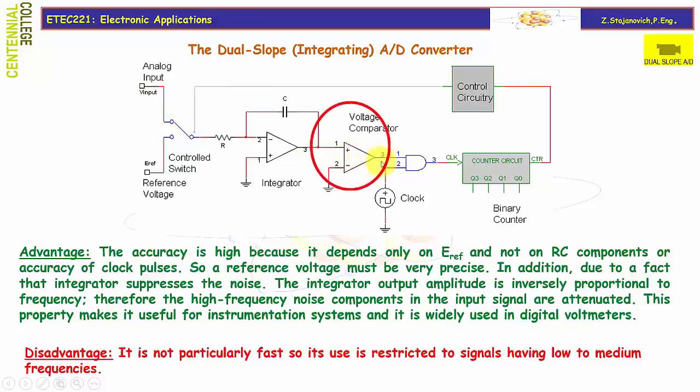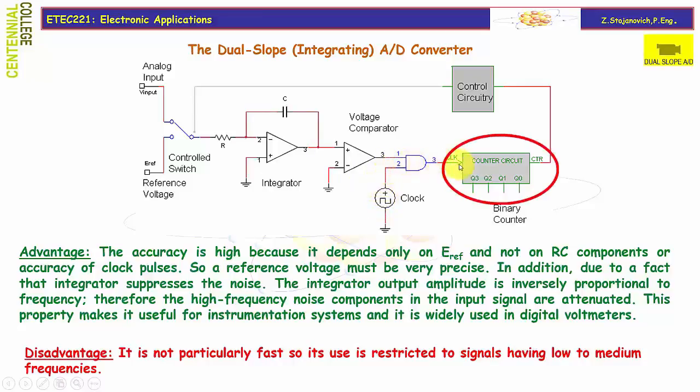The second comparator keeps the gate open or closed depending on the phase of the integration. The control circuitry will allow integration of the analog input for some time t1, and then it will hit the switch to the EREF position. When it's in the EREF position, the clocks are allowed through the gate as long as the ramping down voltage at the output of the integrator is higher than 0.